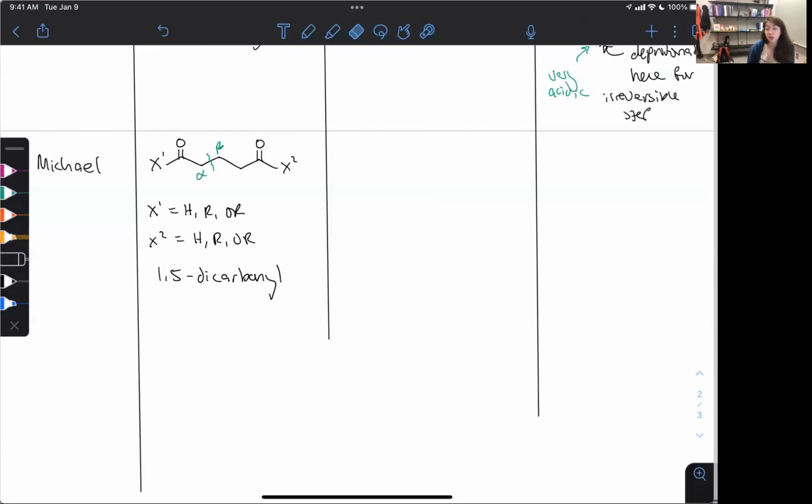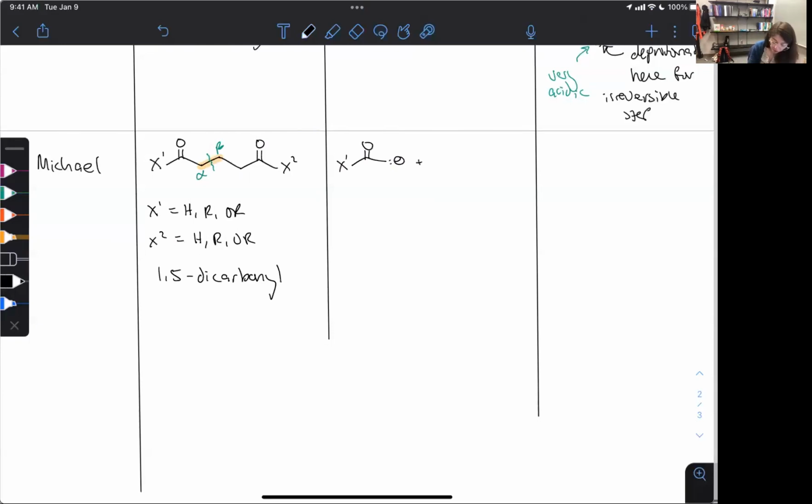But again, we're still looking at the alpha beta position according to one carbonyl as the bond that we are going to be forming. So we're still forming that alpha beta bond, and we can break that down to one enolate. So again, same nucleophile here.